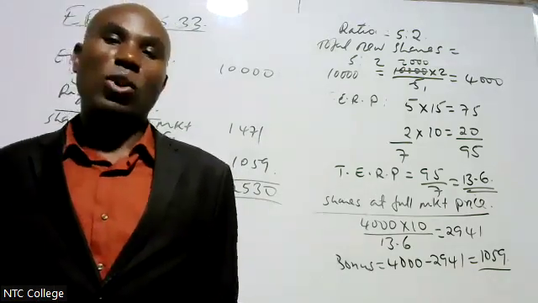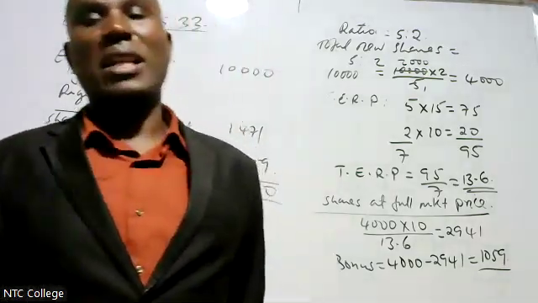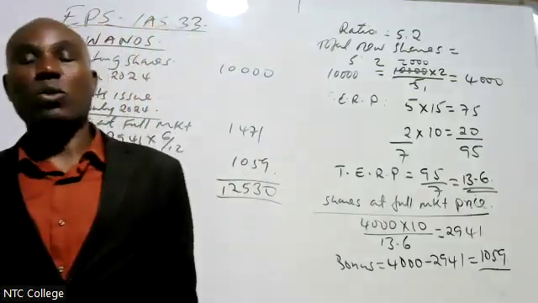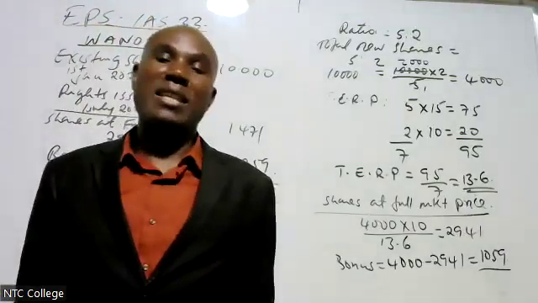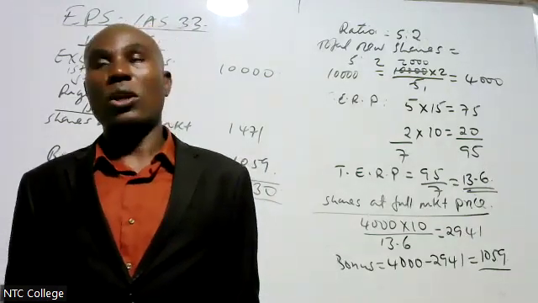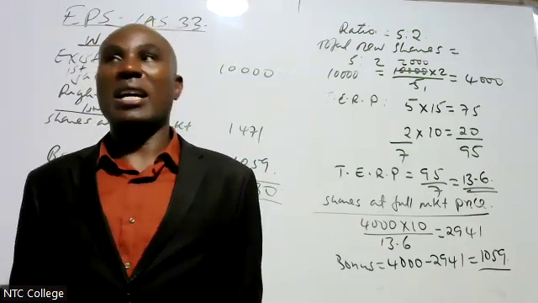Bonus element, don't weight. Then we came to shares issued as a result of share split or share consolidation. Share split is where you are just increasing the number of shares, maybe because of high demand for your shares. We said you don't weight on a time basis. Share consolidation, you are reducing shares.